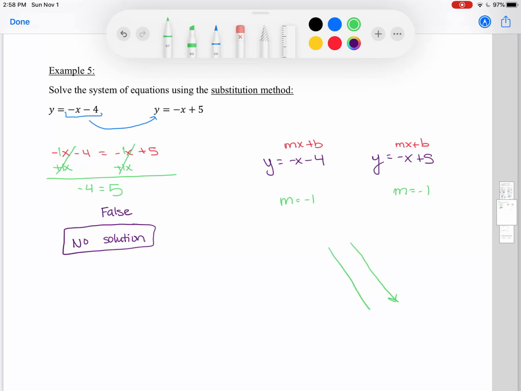And my slope would be the same in both scenarios. Well, if our slope is the same in both, we know that we're going to have parallel lines. What do you notice about parallel lines? They are never going to intersect, therefore there is no solution.